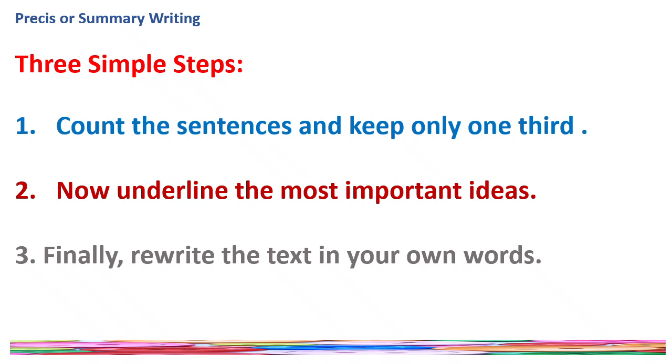So it is not summary writing, it is just copy paste, right? So it should not be done. Rather, you are finally rewriting the text in your own words, right? For example, total sentences were six and now you are writing a summary of two sentences, but in your original words, in your own words. Ideas are from the text, no doubt, but the wordings are your own simple words.